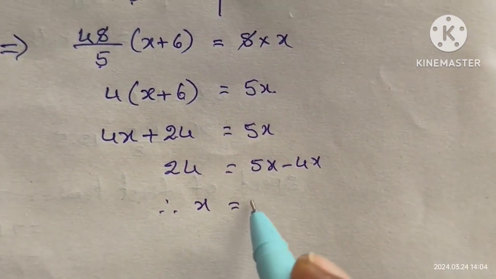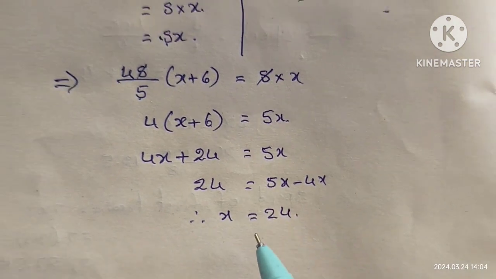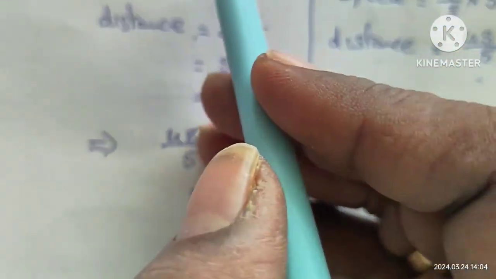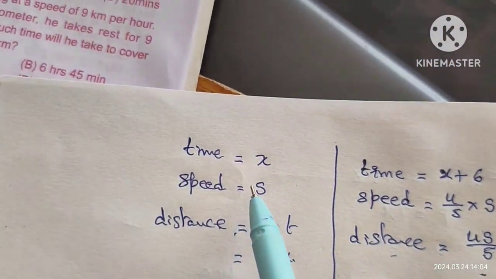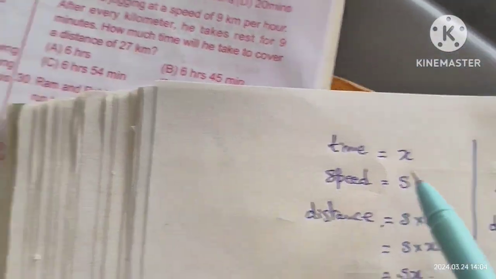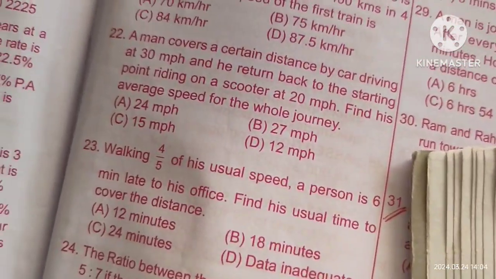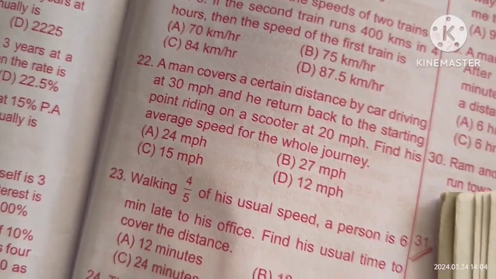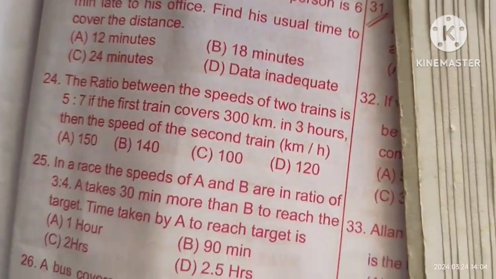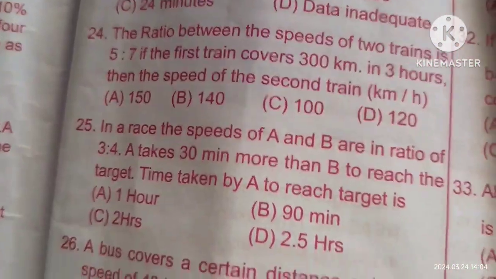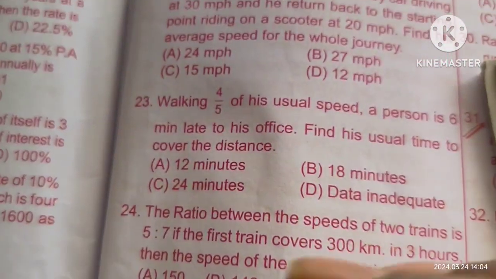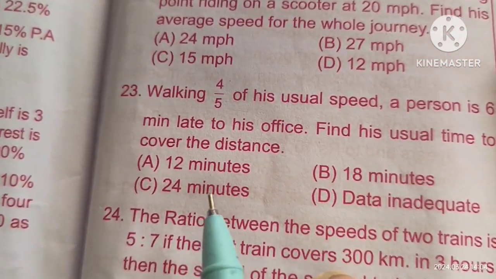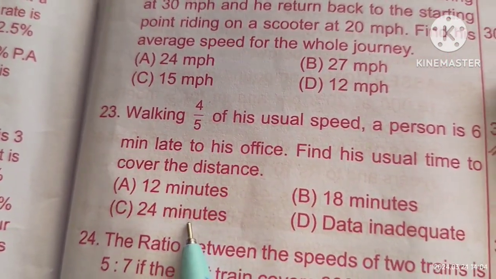Therefore x equals 24. X means the actual, usual time. It is 24 minutes. So the answer is 24 minutes.